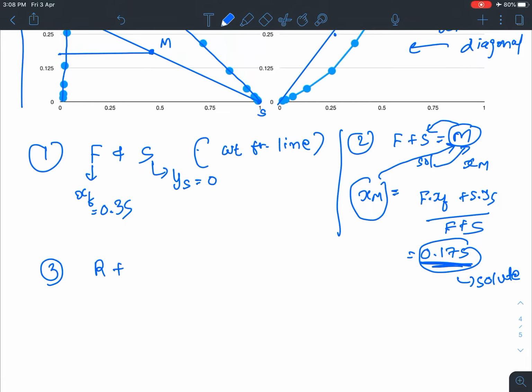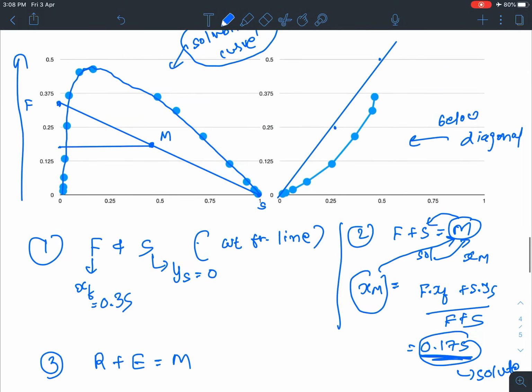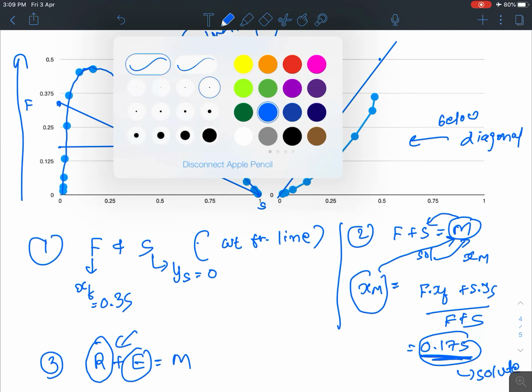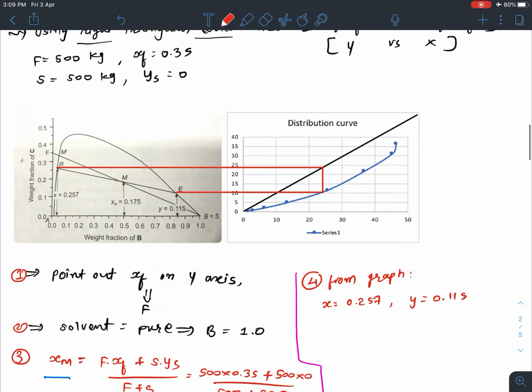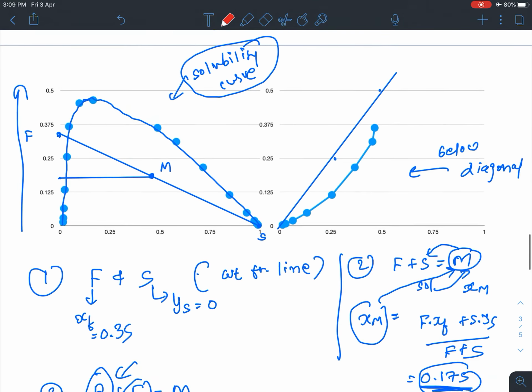We know that R plus E is equal to M. In this procedure we have to assume one raffinate point on this curve, and based on that we come up with E. So just see here, let's assume that my R point is somewhere around here, which is something like 0.3.